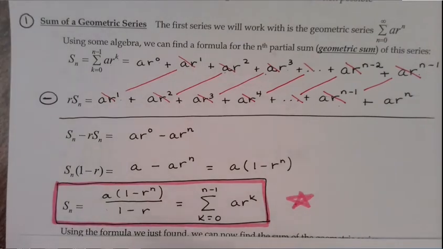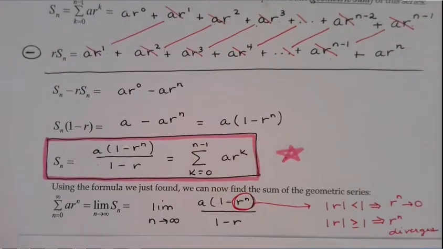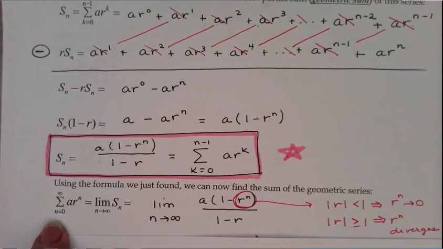All right, my ultimate goal now is to say, what if I have an infinite number of terms? What if I'm summing up a geometric series with infinitely many terms? So if I'm going to end at infinity up here, I essentially take the limit as n goes to infinity of this formula that I just found.